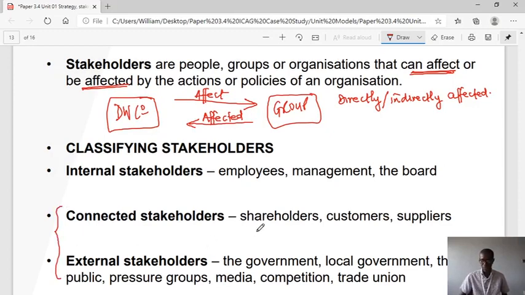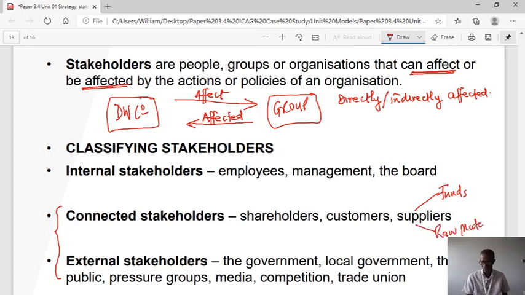So, example of connected stakeholders, they stand to lose most when the organization activities are going bad, or they stand to gain most. So connected stakeholders are shareholders, customers, suppliers, either suppliers of funds, suppliers of raw materials, and so on.